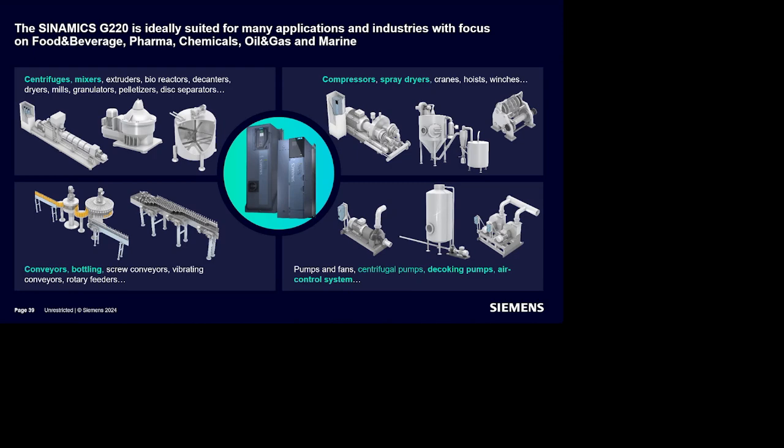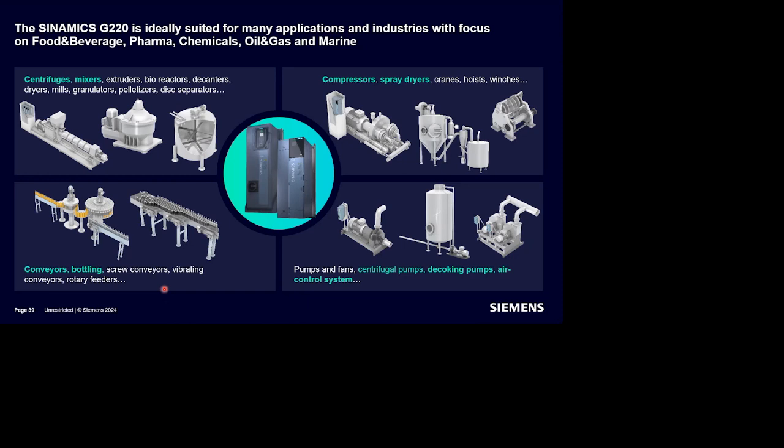These are some of the process industries where we believe we have dedicated features or requirements with the G220 to fulfill them, and kind of applications where the G220 is the perfect fit for. You have here centrifuge, mixers, extruders, reactors, decanters, but also compressors, spray dryers, cranes, hoists, and also in the side of the conveyors as well.